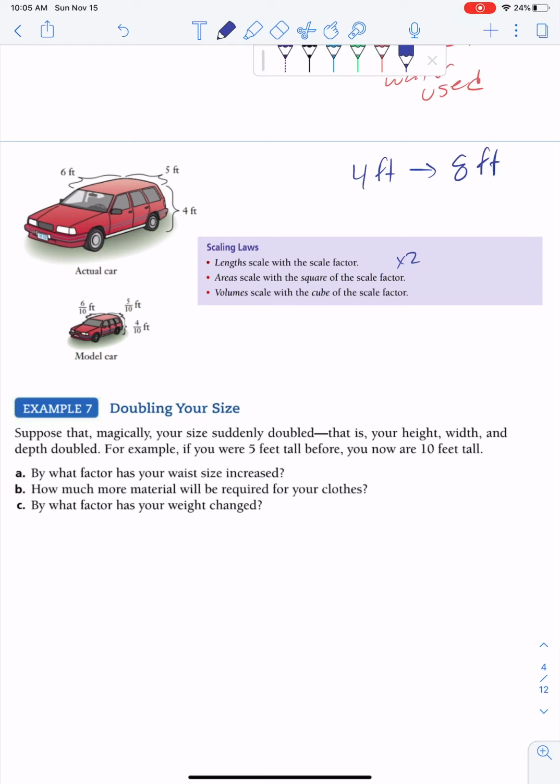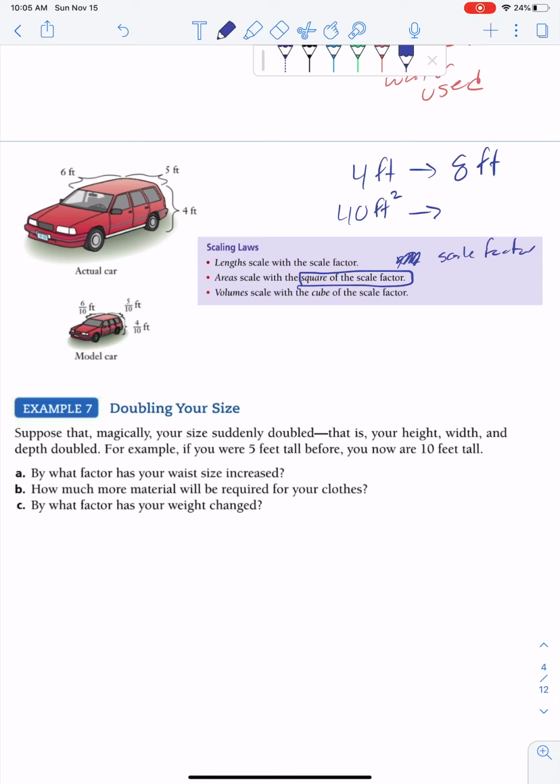If I'm working in 2 dimensions, and the area of my shape was 40 feet squared, then when I double my shape, I don't just times by 2. I have to times by the square of the scale factor. So in other words, lengths are just your regular scale factor.